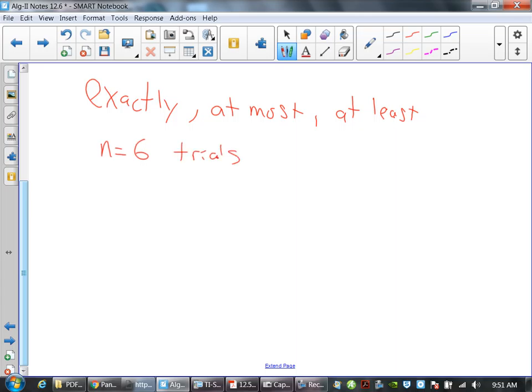I'm going to randomly select 6 people, and I want exactly, we're going to call this a k-value, of 2 successes. With a p-value, our probability of success, of 0.52. We're using the data that we have in this classroom. Well, we have a very long-winded formula for this.